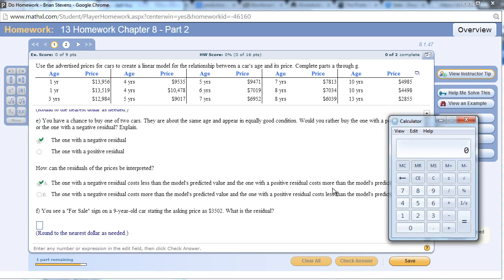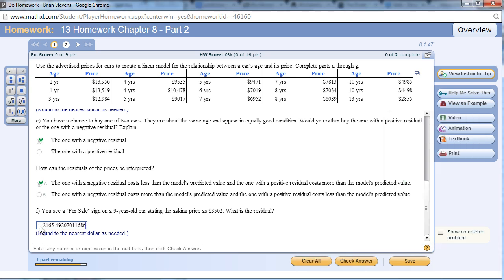We take actual, which is 3,502, minus predicted, negative 2,165.49. I always like to take the full number right here, copy it in, and this number would not round up, so I can just delete off everything right there.